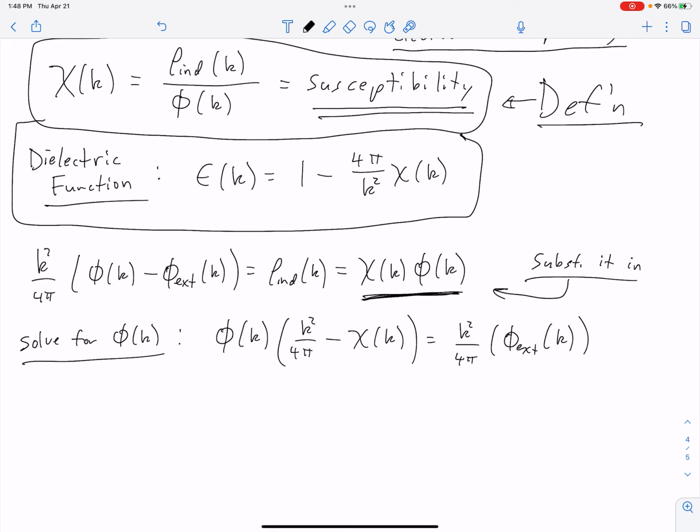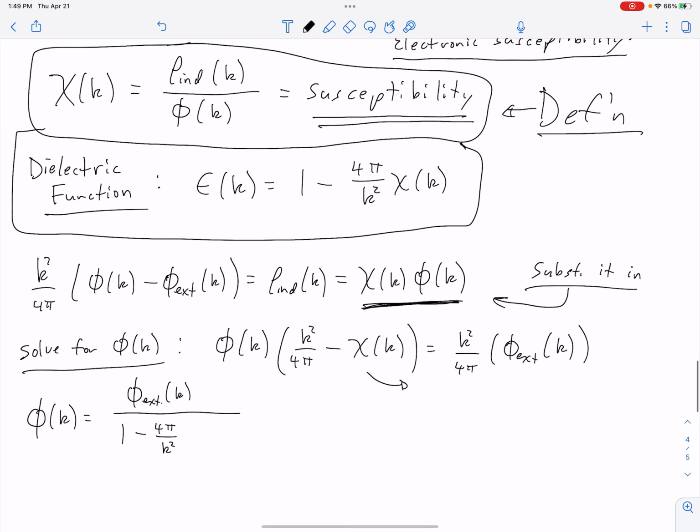That's just a little bit of rearranging. And now that allows me to say that phi of k is equal to phi external of k divided by 1 minus 4 pi over k squared chi of k.